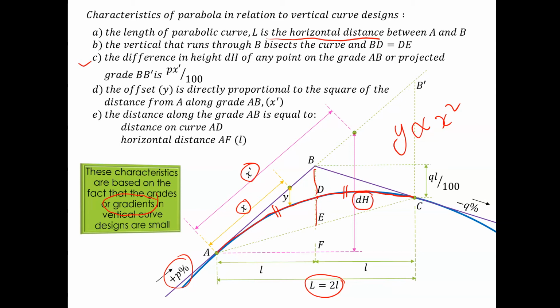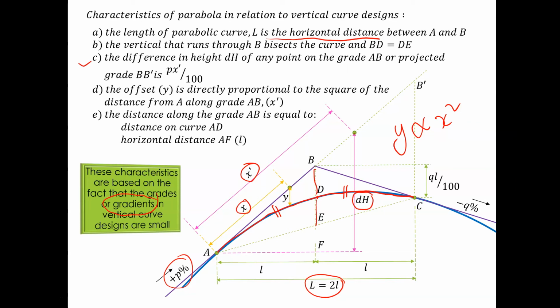And the distance along the grade AB, from A to B, is equal to AD, half the curve length, and also equal to LAF. So that's the approximation that we make when we apply the parabola in vertical curve design.